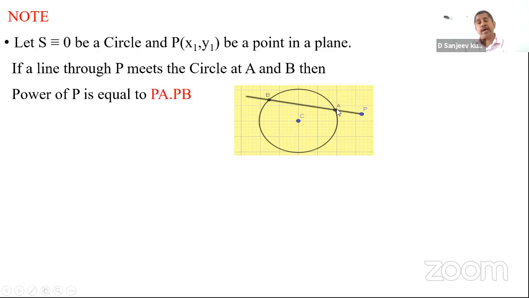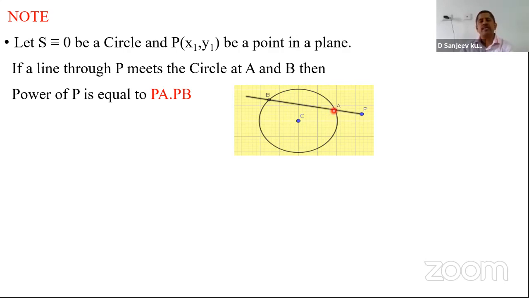Now, if the point lies on the circle, what is going to happen? The distance between P and A is going to be equal to 0 because the point P is here. If the point P is here, then you have PA equal to 0. So definitely the value is going to be 0.